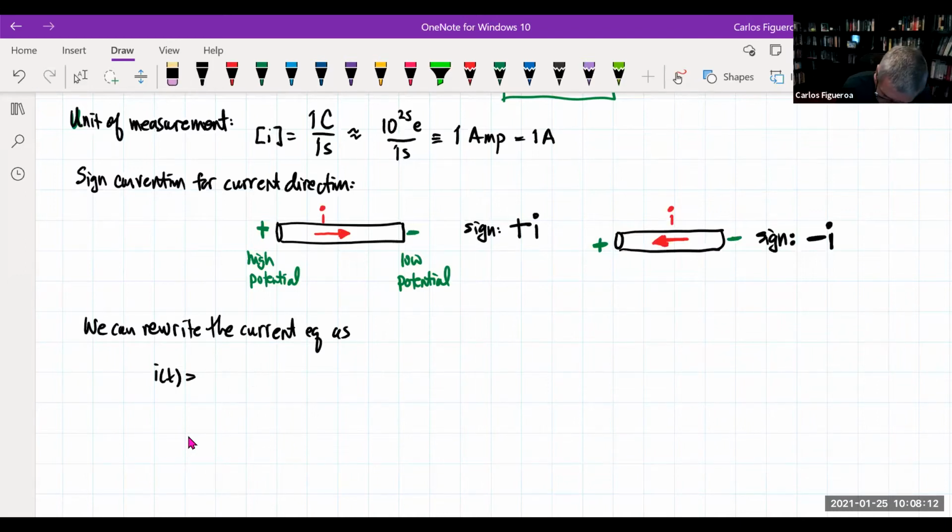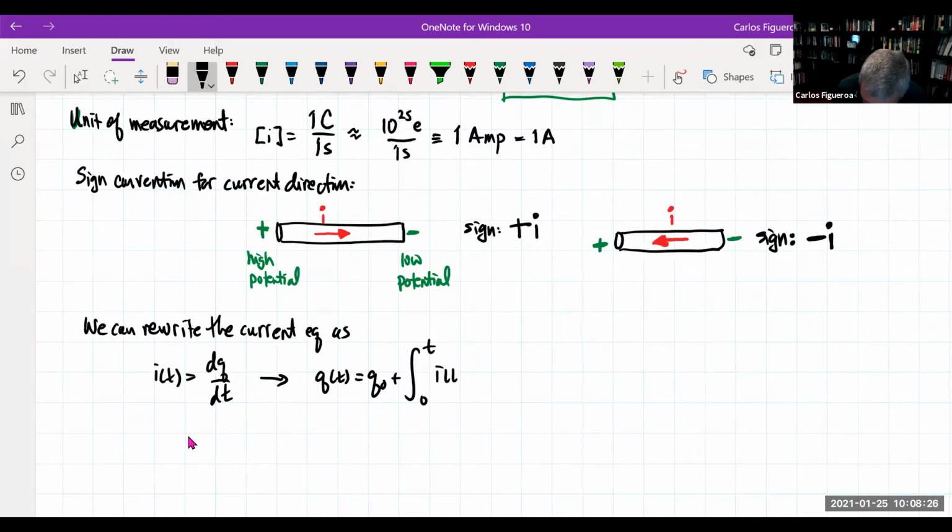Oops, sorry about that. Then clearly I can solve this equation by integrating this guy.